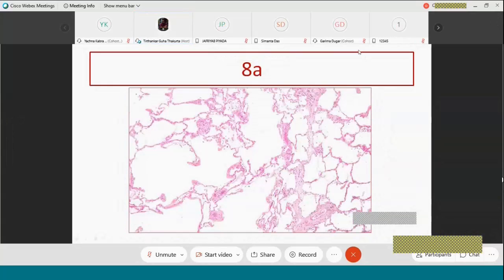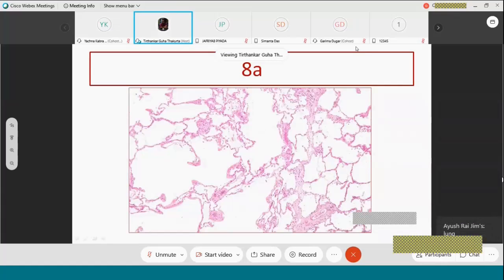Next one. So what is this tissue? First identify the organ. So this is lung. Now in your practical syllabus from lungs, there are 2 slides: tuberculosis of lung and emphysema of lung. So if you don't find a granuloma, instead find torn alveoli, then this is emphysema of lung.